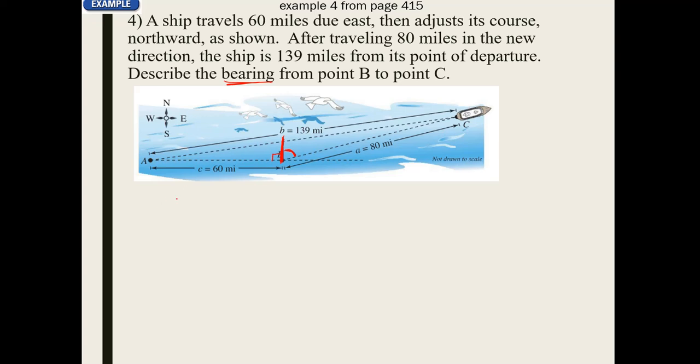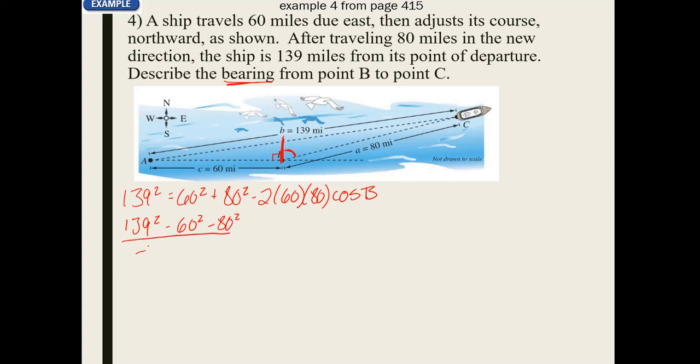So since I'm looking for angle B, I'm going to start my formula with little b. So 139 squared is equal to 60 squared plus 80 squared minus 2 times 60 times 80 times the cosine of angle B. And so from here, I'm going to do 139 squared minus 60 squared minus 80 squared, and divide all that by -2 times 60 times 80, which equals the cosine of angle B. And then you will do all that in your calculator.